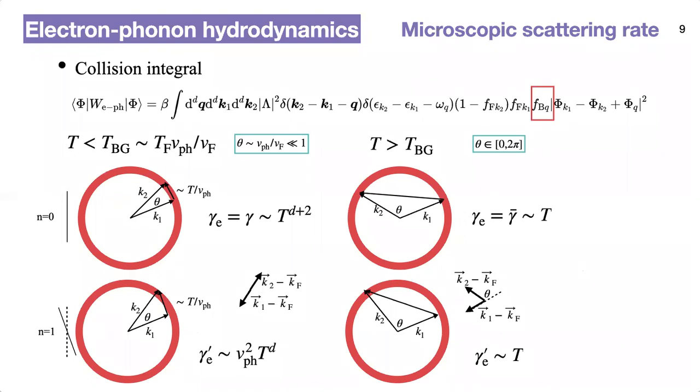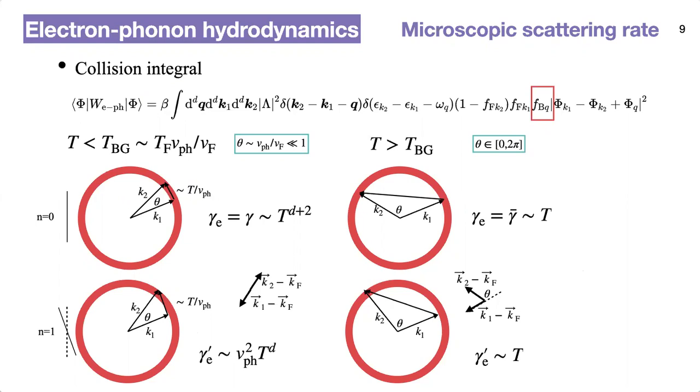It's actually a very well-known result: the Bloch-Grüneisen temperature separates two different scalings for the scattering rate. At very low temperature, the phonon momentum is approximately given by the temperature over the phonon velocity.